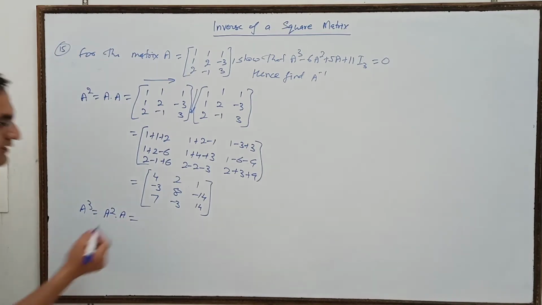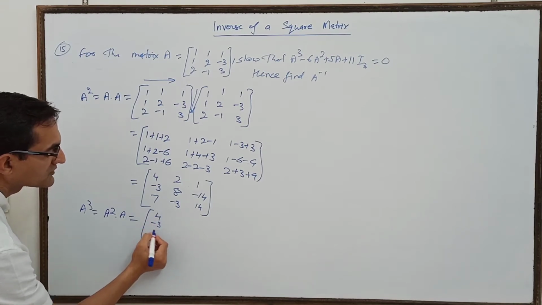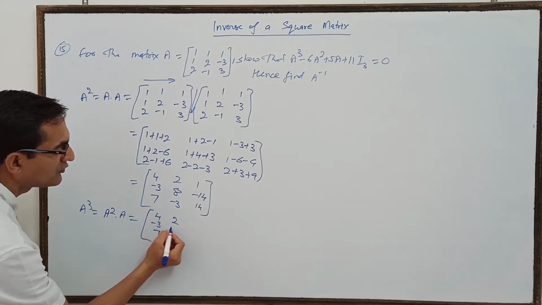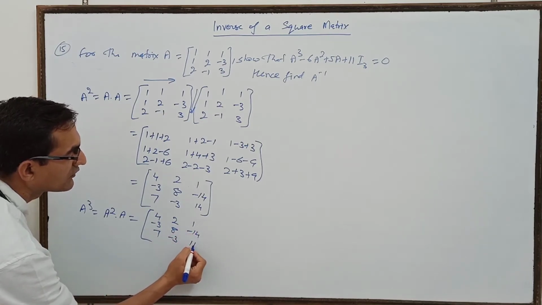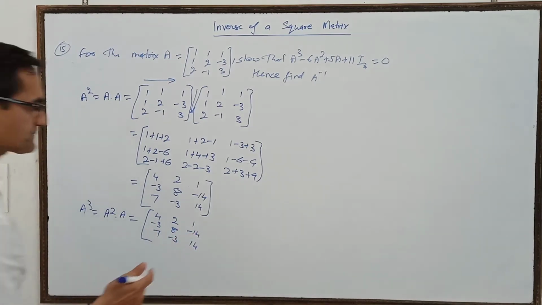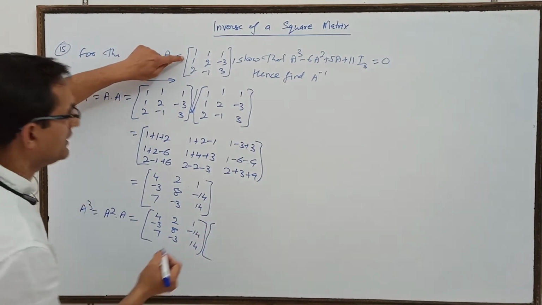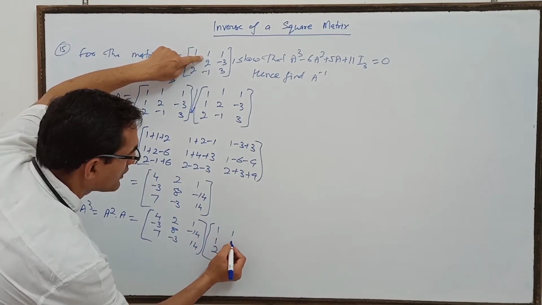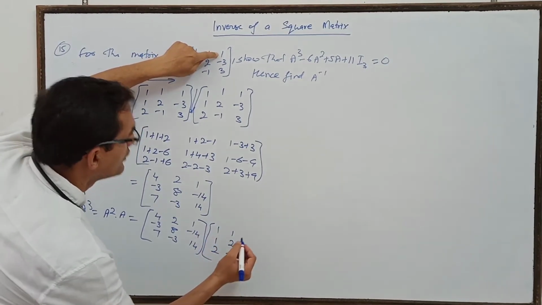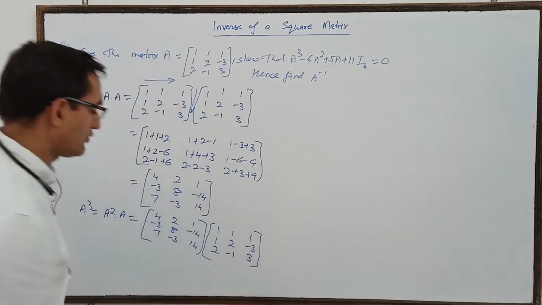You can write it. So 4 minus 3, 7, 2, 8 minus 3, 1 minus 14, 14 into A. A is 1, 1, 2, 1, 2 minus 1, 1 minus 3, 3. You have to write it.